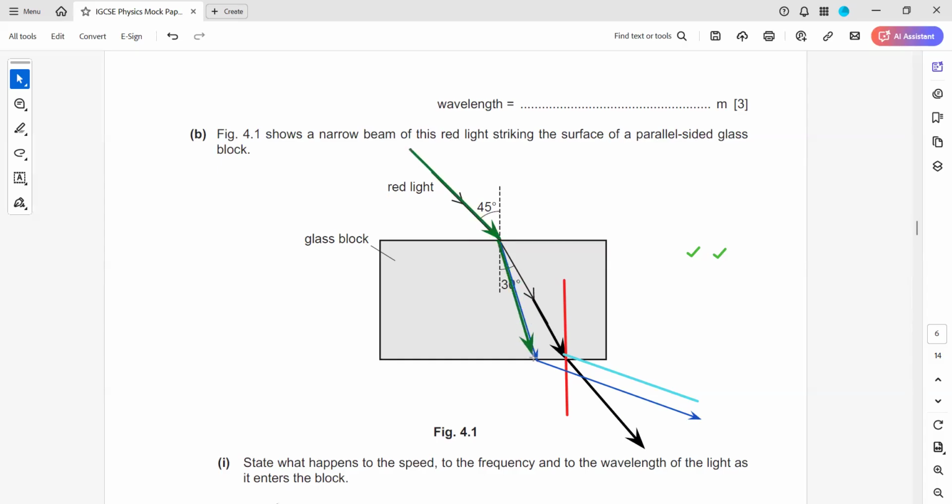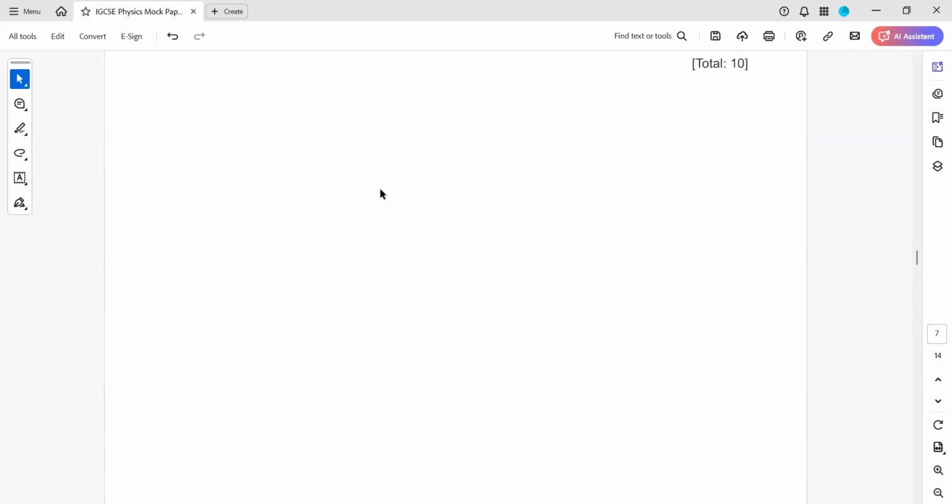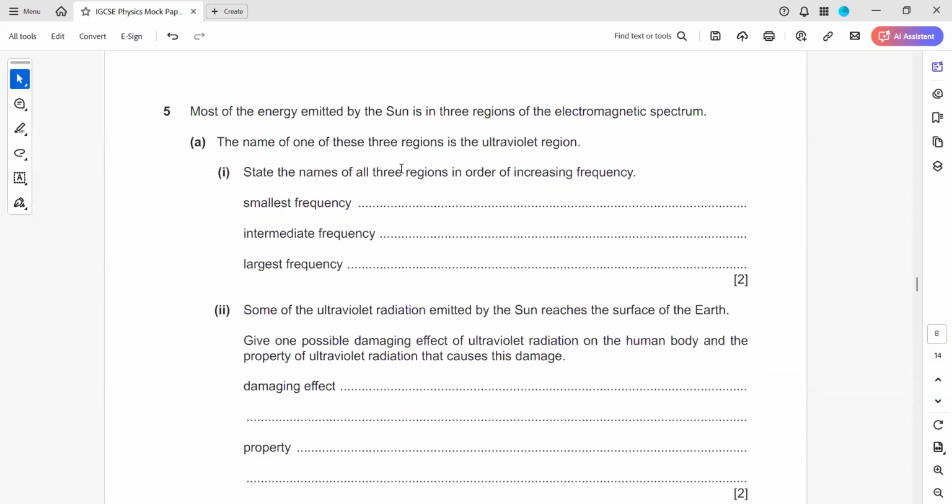So it will bend more and then it will bend away. So it will have a greater change in the direction. Yeah, VIBGYOR is there. Violet has the highest frequency, and red has the lowest frequency or the longest wavelength.